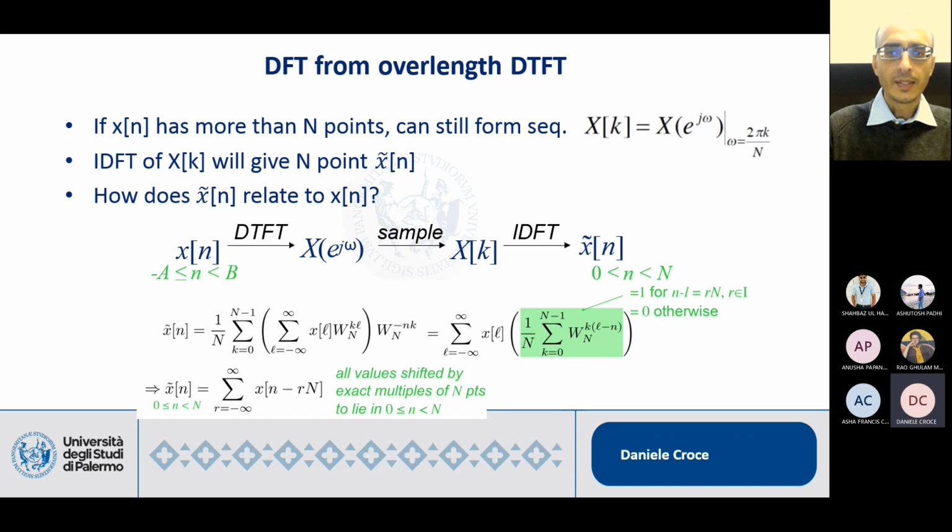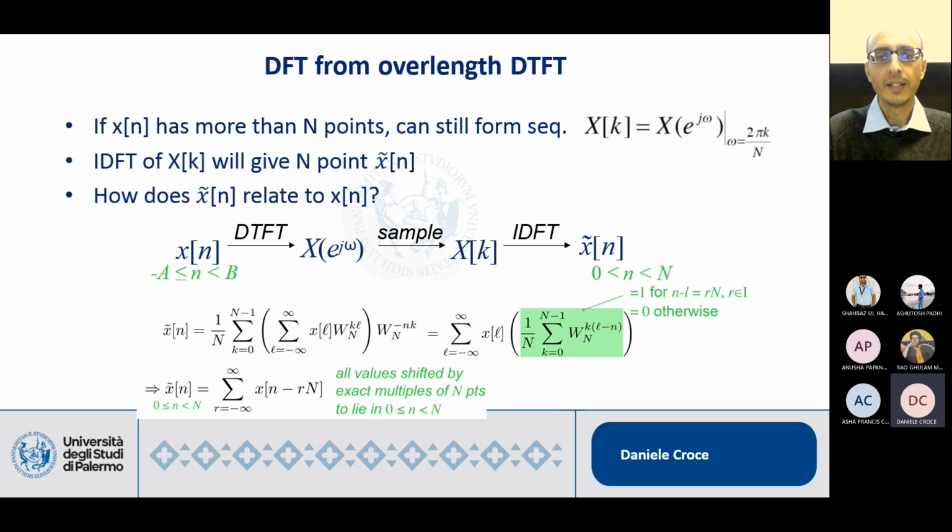So, as I showed you just before, you can take outside the infinite summation, and what is left inside is 1 over N, and then the summation of the twiddle factors W_N to the k times (l minus n). And this summation, if n minus l is a multiple of capital N, will result in 1, okay?